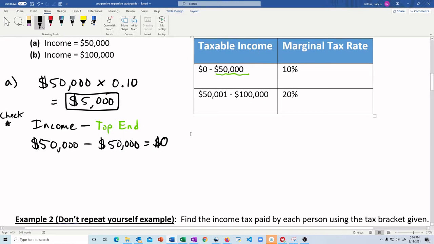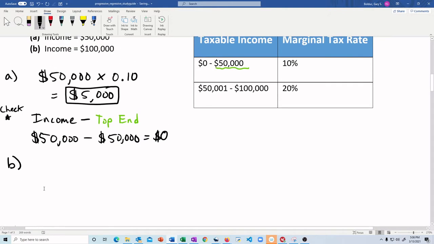Where things look a little different is part B. In part B, we say, okay, I've got $100,000. So I first go to the first box. I fill up the first box.